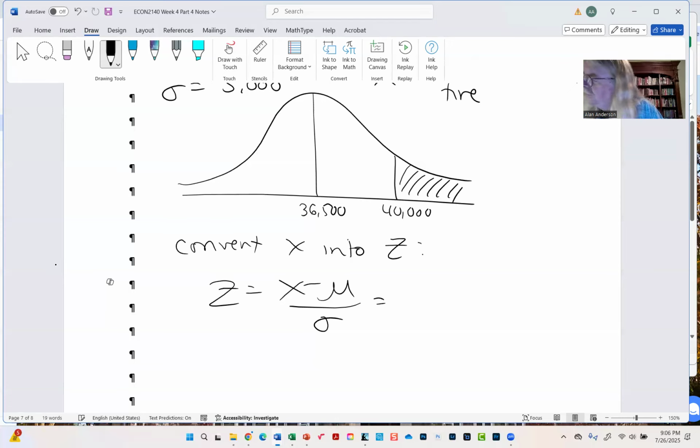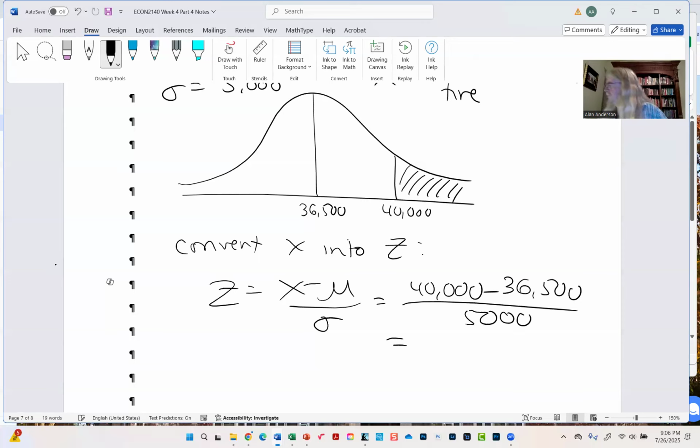So here you'd have 40,000 minus 36,500 over 5,000. And that's going to tell me how many standard deviations away from the mean I am, which I can then use to calculate this probability.